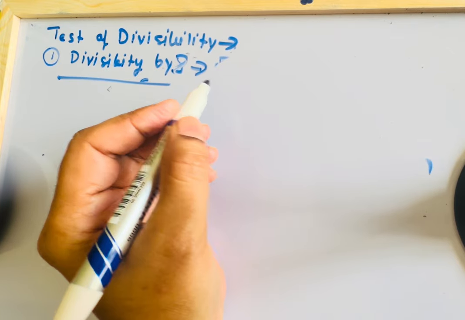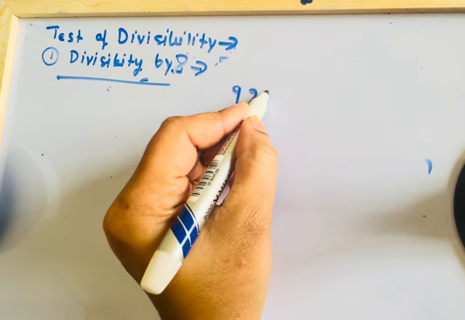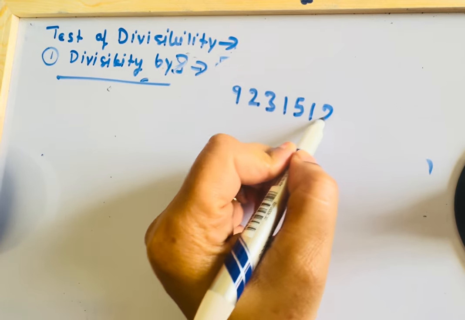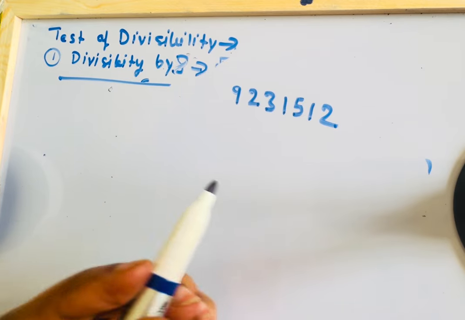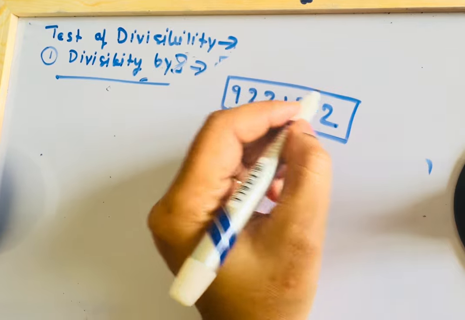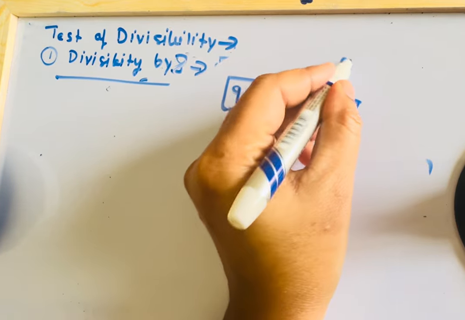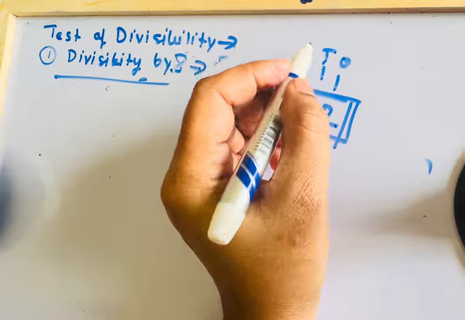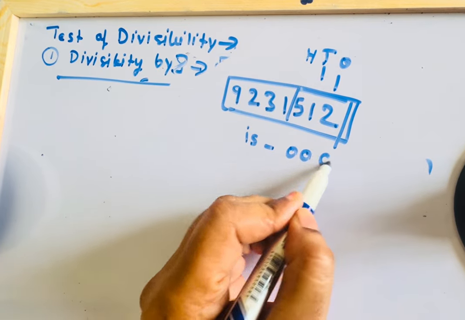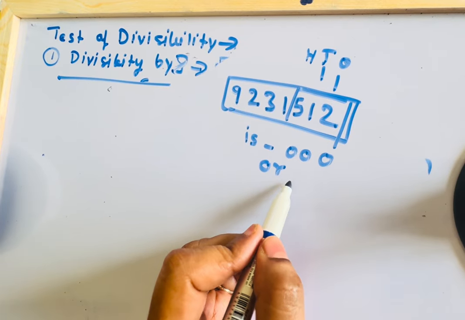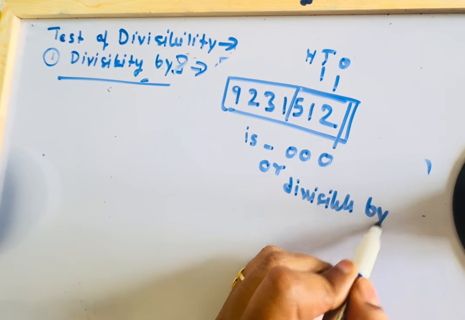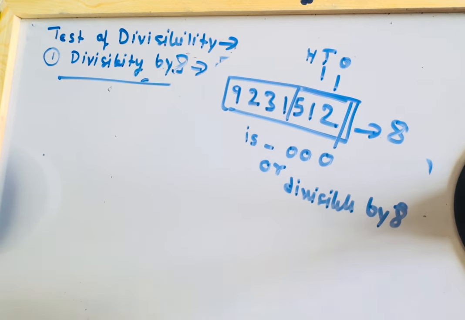For example, if either the last three digits, meaning ones, tens and hundreds, are 000 or divisible by 8, it means that number is divisible by 8.